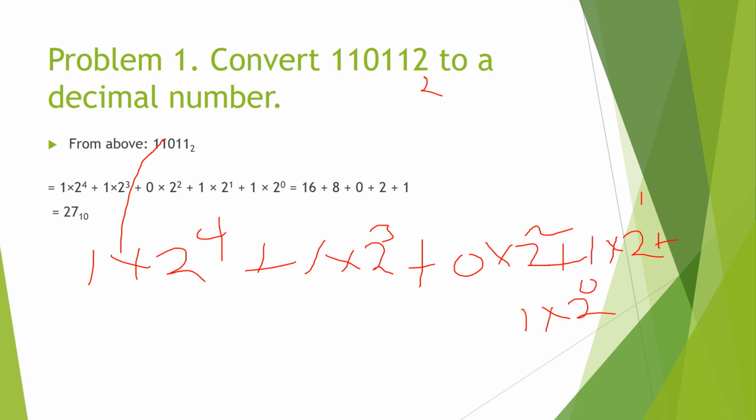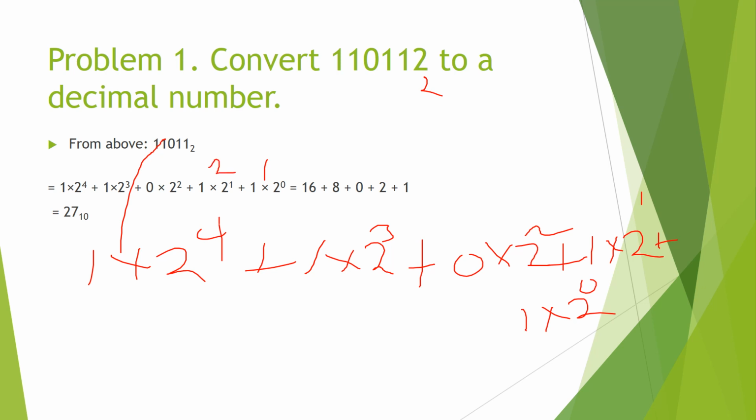And remember, we said that any number raised to power 0 will give us 1. So here we get 1 times 1, which is a 1, and here we get 1 times 2 raised to power 1. 2 raised to power 1 is the same as 2, so this one gives us a 2.